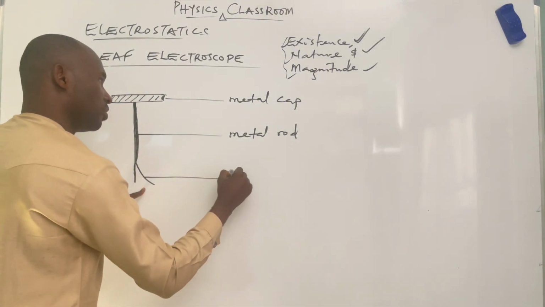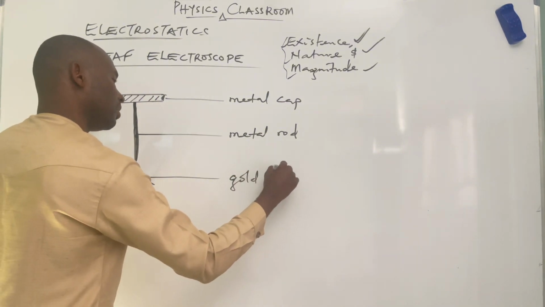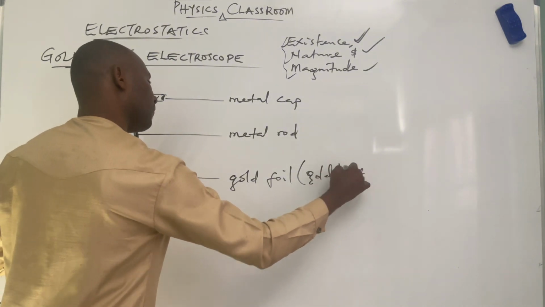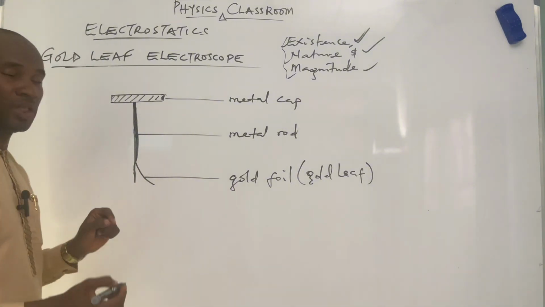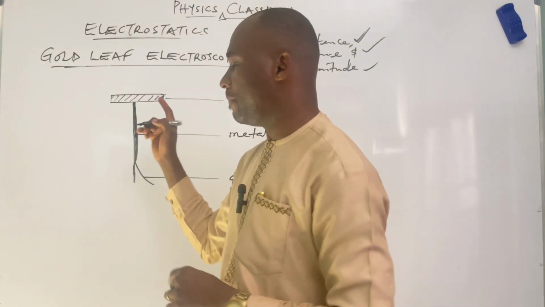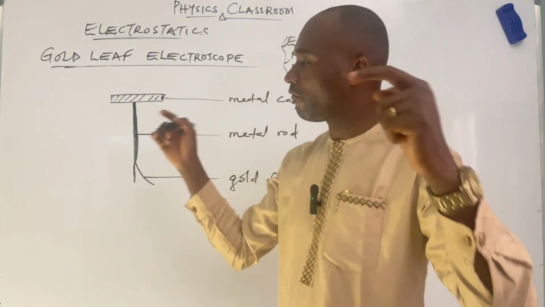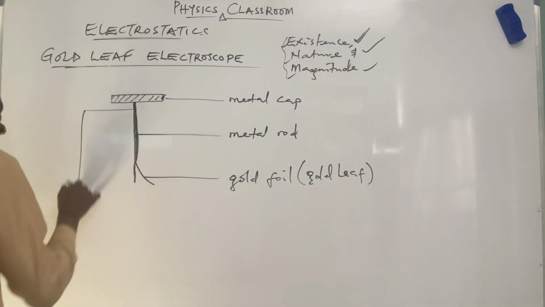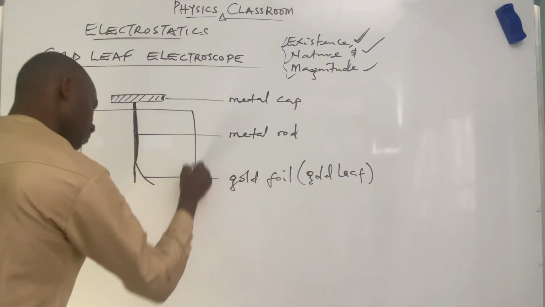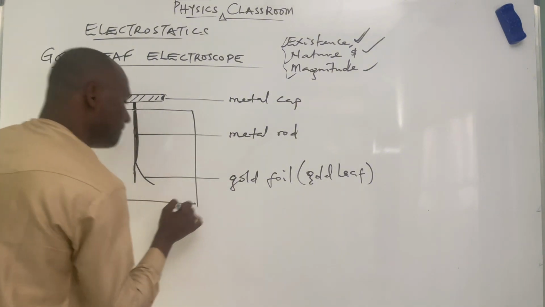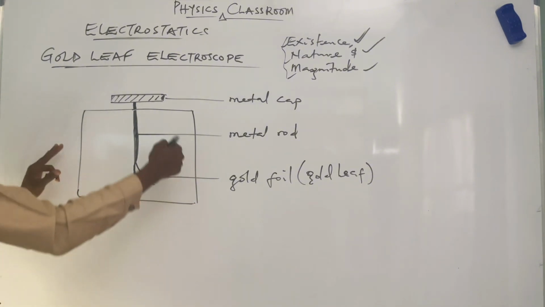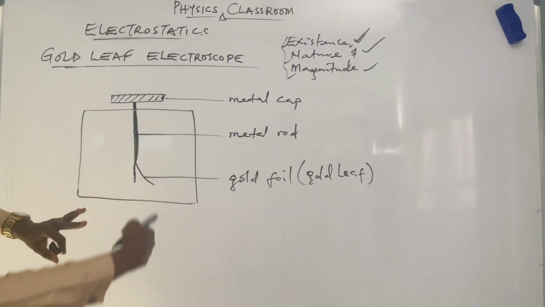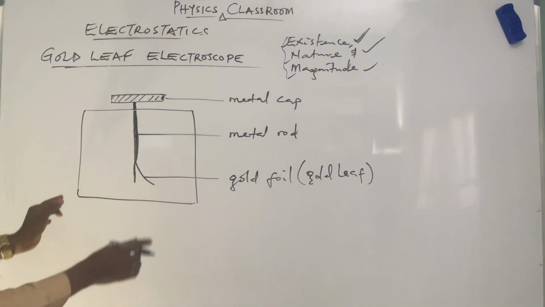Mind you, the gold foil is otherwise known as gold leaf. A metal cap connected to a metal rod and a gold foil, which is housed in an earthed metal case with a viewing glass window.